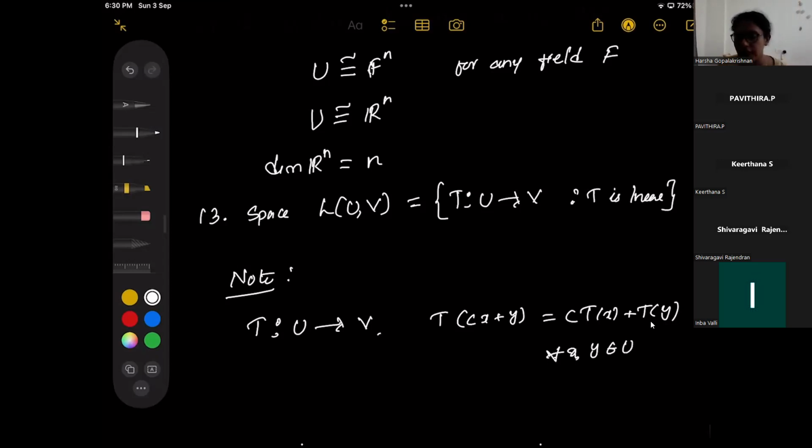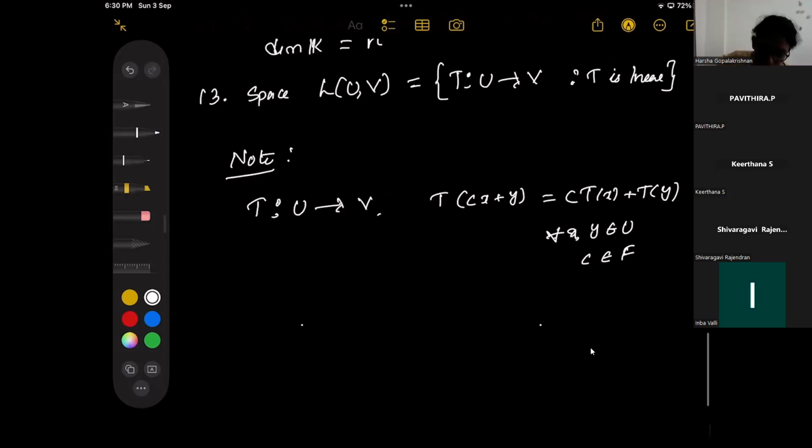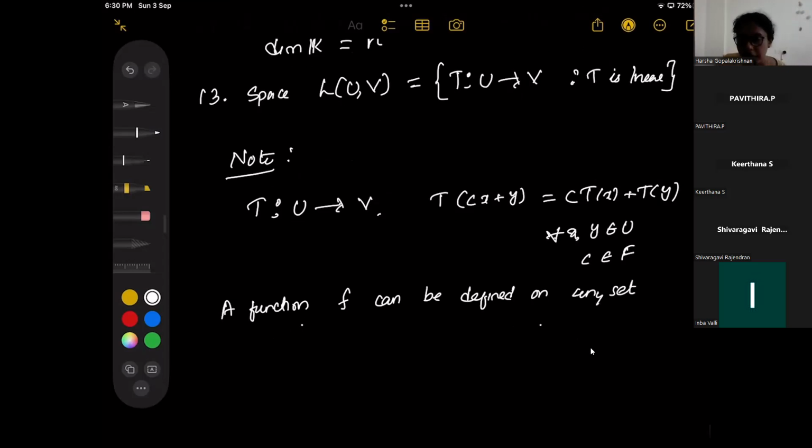But for a function, we don't have any such restriction. A function F can be defined on any set. Okay, it need not be a vector space.